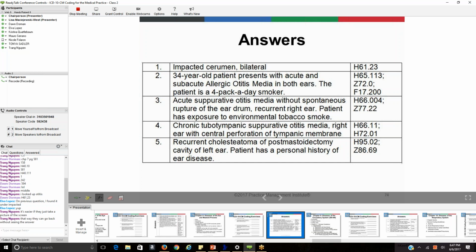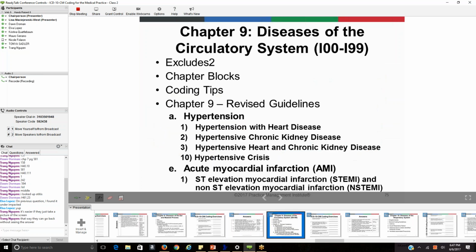Okay, let's move on to Chapter 9. This is one of the more widely used chapters in the code book because it deals with diseases of the circulatory system, and this is where you're going to have your hypertension codes, your cardiac event codes, and so on and so forth.